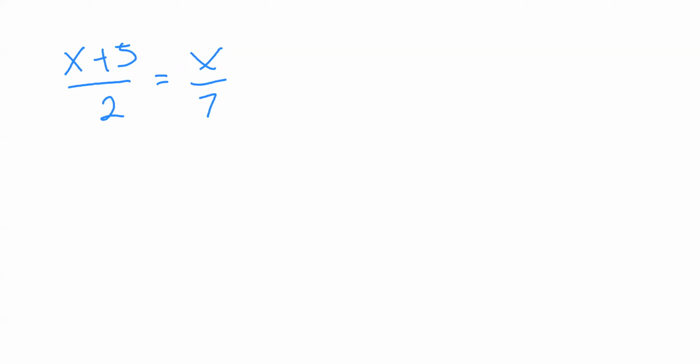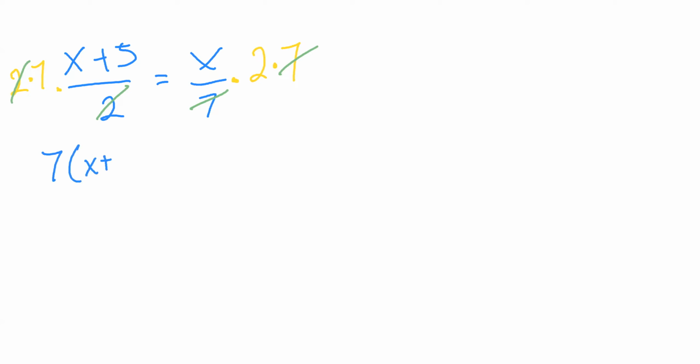So we're going to multiply both sides by 2 times 7 because our LCD is 14, but I'm going to keep it in factored form so that I can easily cancel out those denominators. Okay. Now what's left is a 7 times (x plus 5).